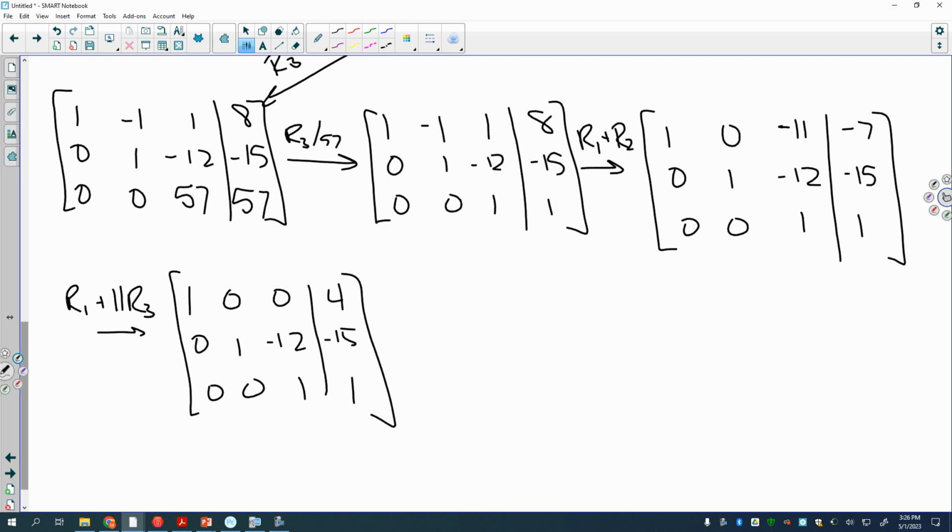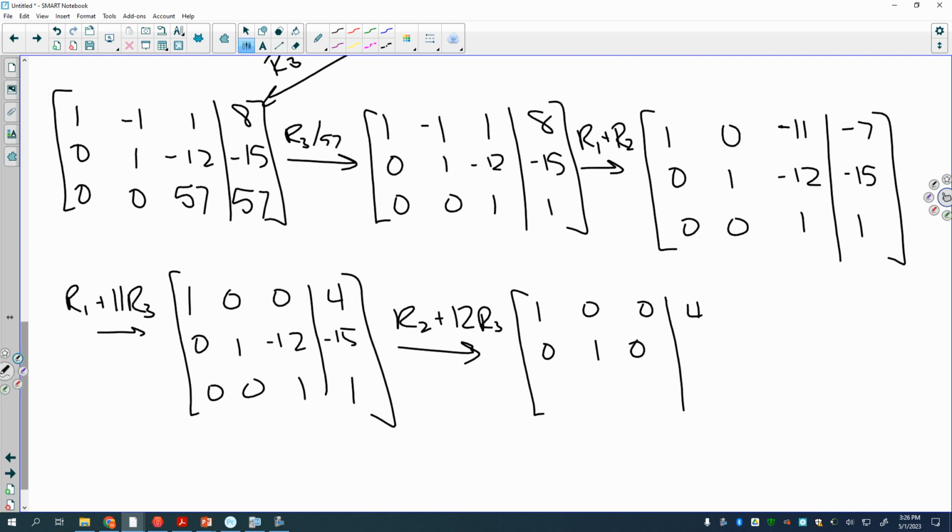And then finally, I'm going to take row 2 plus 12 times row 3, and that's going to give me the last bit of what I need here: 0, 1, that's a 0, and then negative 15 plus 12 is going to be negative 3.